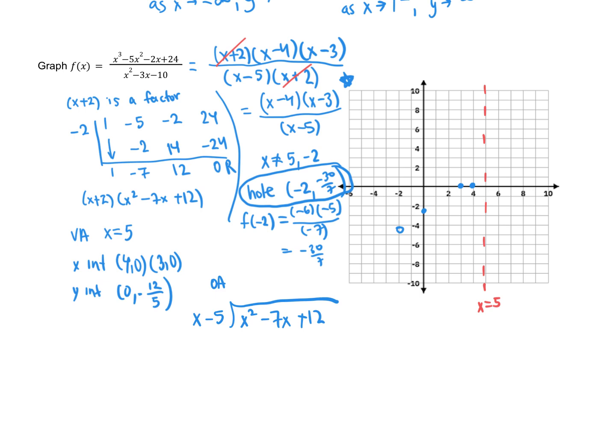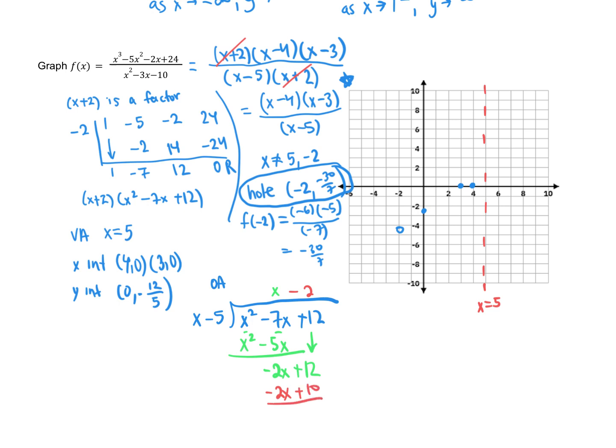And now what times x is x squared? That's x. And multiply that x into x minus 5 and subtract your terms. And we'll have negative 2x and bring the 12 down. And now what times x gives us negative 2x? That would be negative 2.